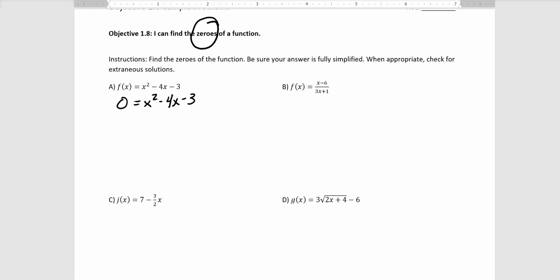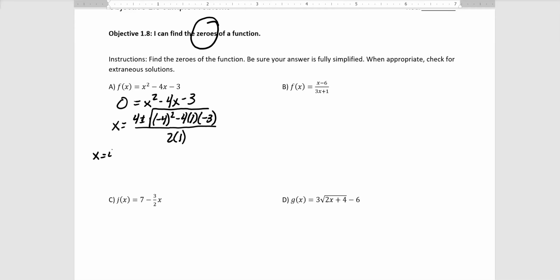So x will equal the opposite of negative 4, plus or minus the square root of b squared, so negative 4 squared minus 4 times 1 times negative 3, all over 2a. And a, of course, is 1.